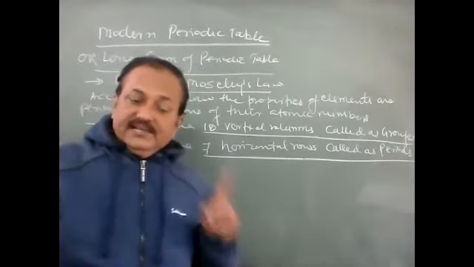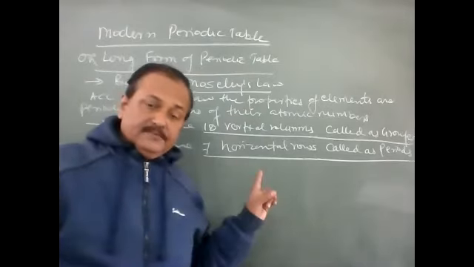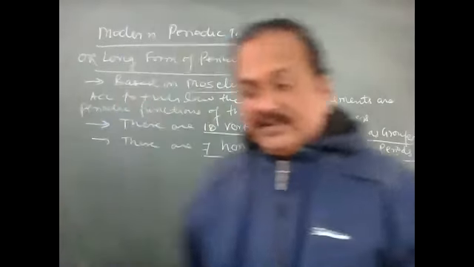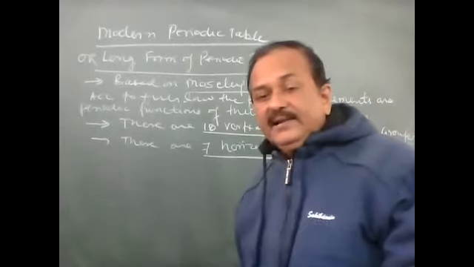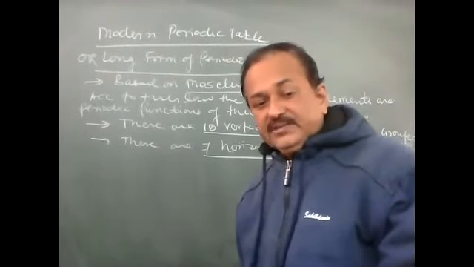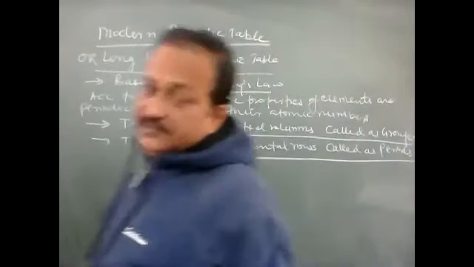Vertical columns are 18 in number and are called groups. Horizontal rows are 7 in number and are called periods. So this is the one point.